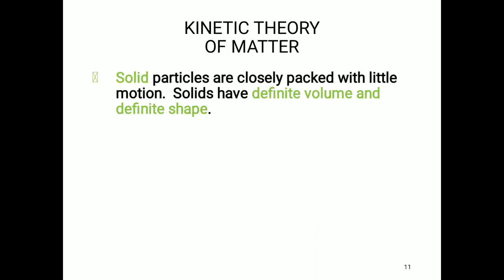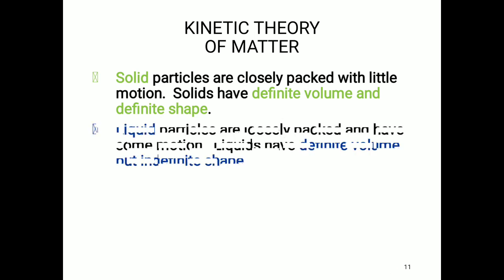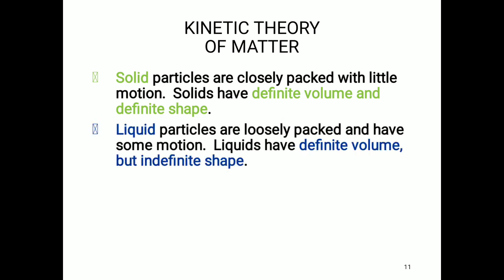Solid particles are closely packed with little motion. Solids have definite volume and definite shape. Liquid particles are loosely packed and have some motion. Liquids have definite volume and indefinite shape. You put liquid into any kind of pot and it will take the shape of that pot.